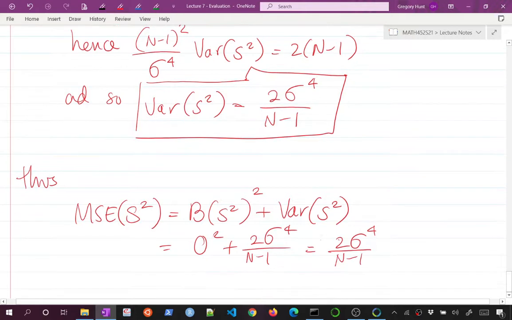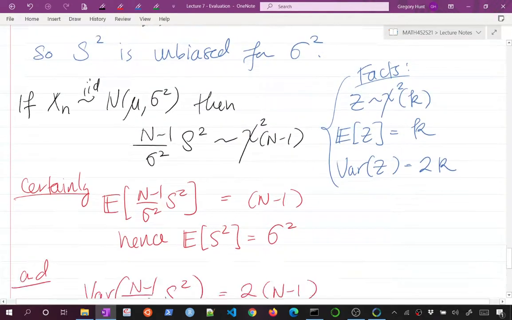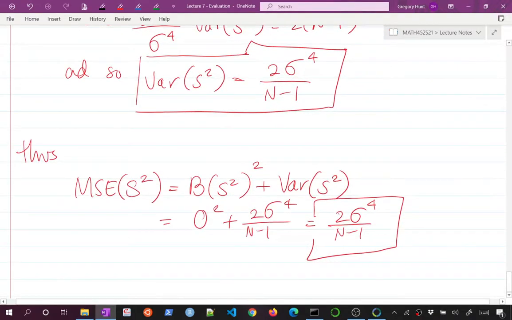So the MSE for s squared is 2 sigma to the 4th over n minus 1. Interesting fact: both of these estimators so far, x bar and s squared, are unbiased. So this bias term has always turned out to be 0. That need not be the case.